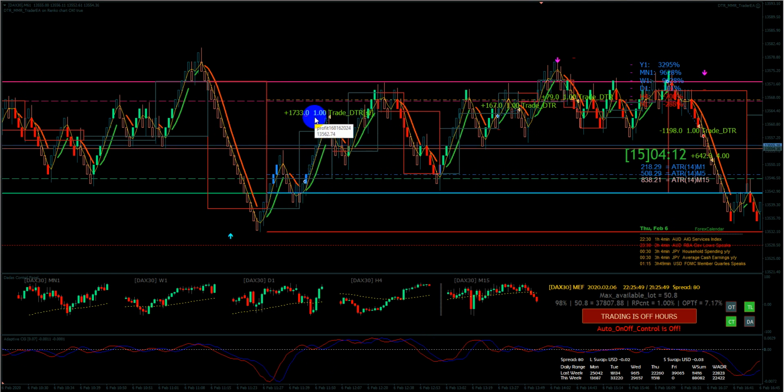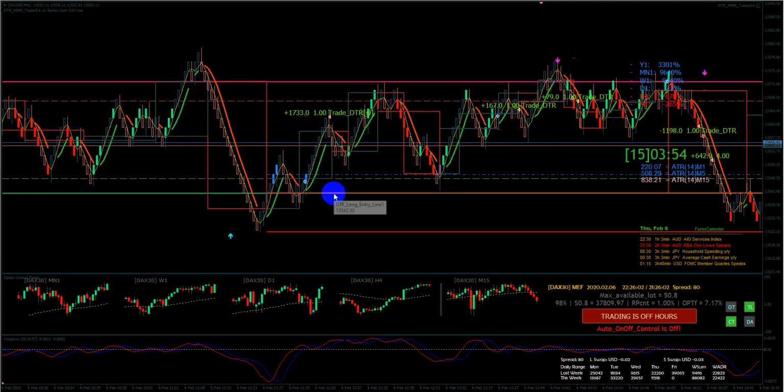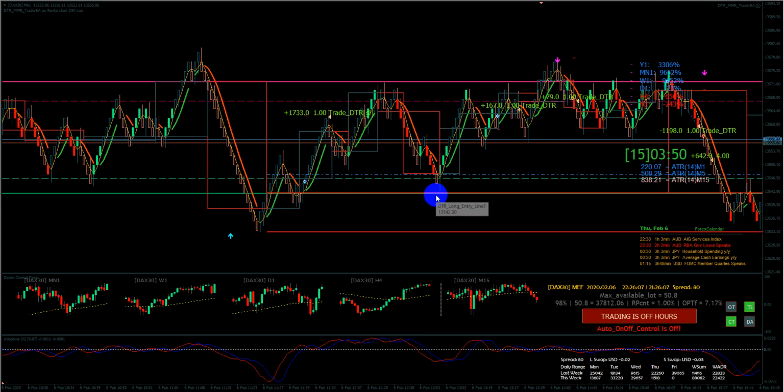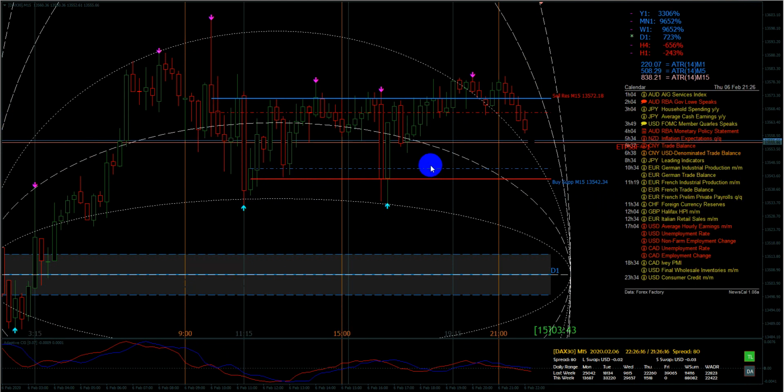I was just risking one lot. But again, in a situation like this, I prefer to risk smaller positions than bigger ones, because it's risky, especially taking into account that the market is consolidating and not in some kind of strong trend. Okay, so that was the first trade.